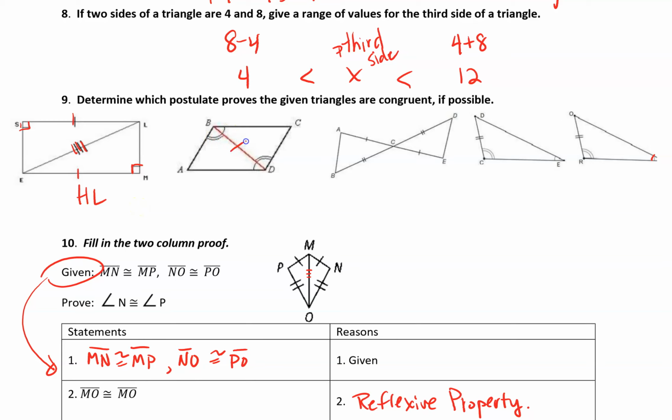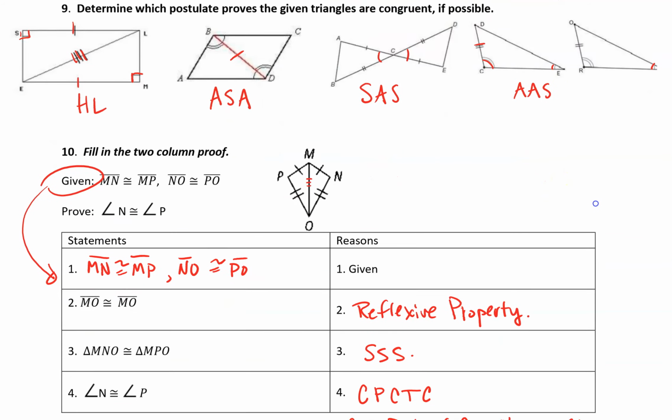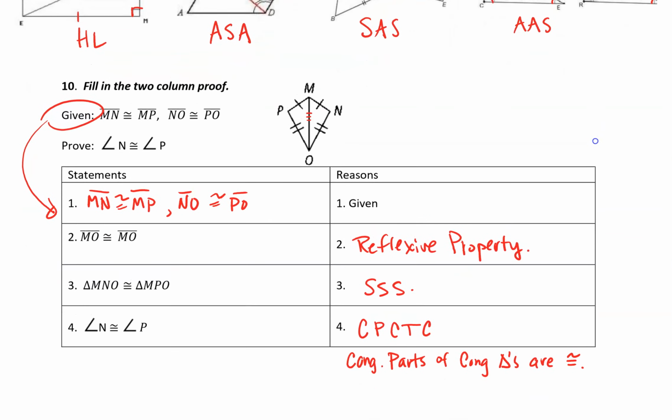Here you've got a shared side, so that gives you angle, side, angle. You've got a vertical angle, so that gives you side, angle, side. You have 2 angles, then a side, so that gives you angle, angle, side. And what's not here is side, side, side, and we're about to prove side, side, side.